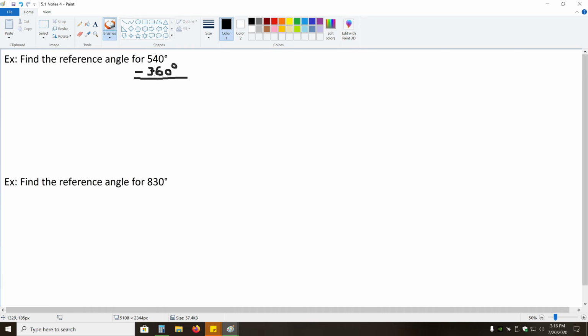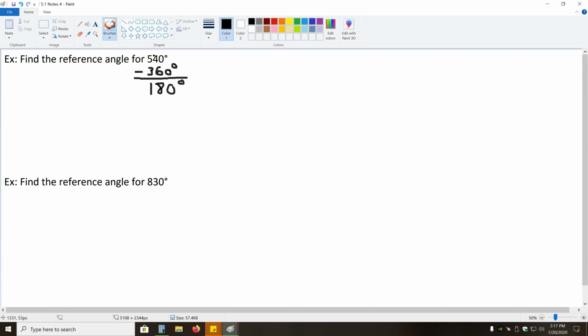So 540 minus 360, we can just do some quick mental math here. If this were 560 minus 360, we'd have 200. Subtract 20 from that, and we have 180 degrees.